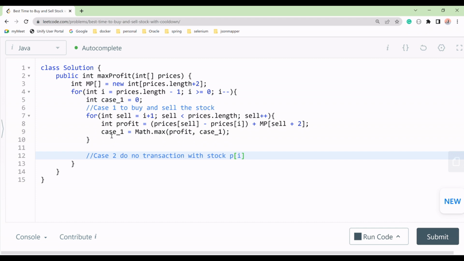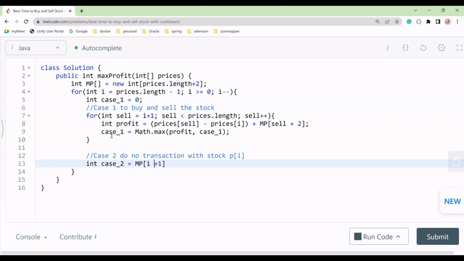I already told you, right? So case 2 will be MP of i plus 1. This is our MP of i plus 1. Got it?